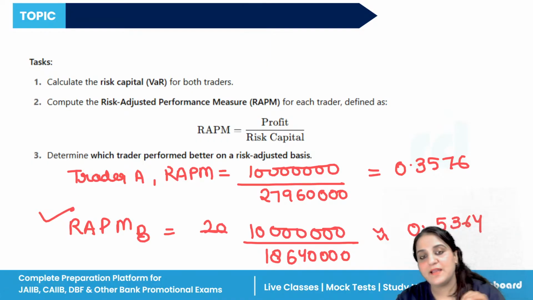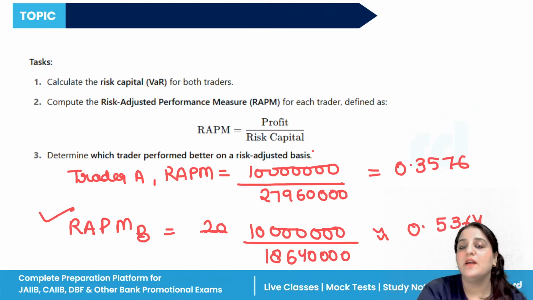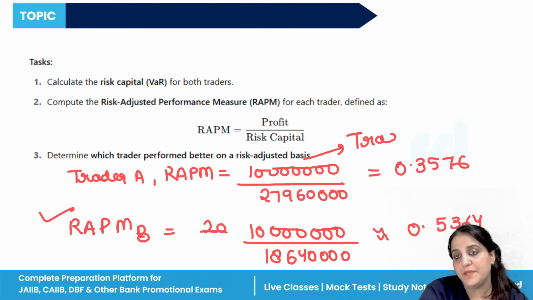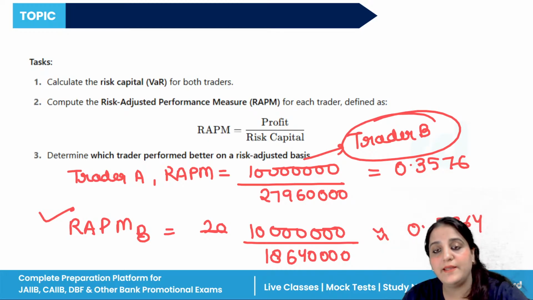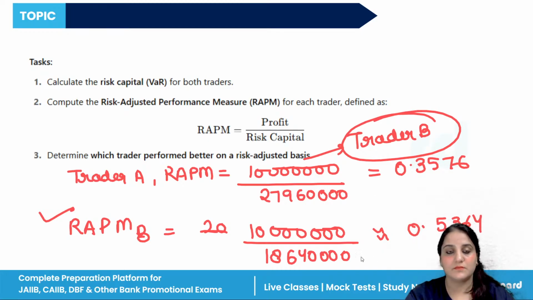So the appropriate answer here is trader B. Clear? Trader B is the answer here.